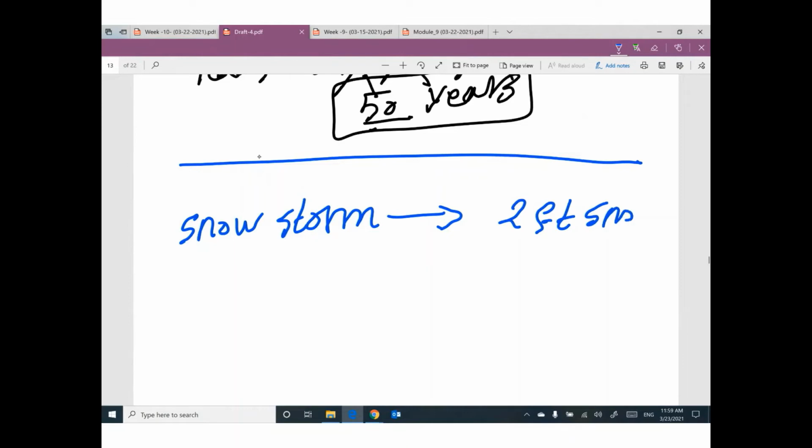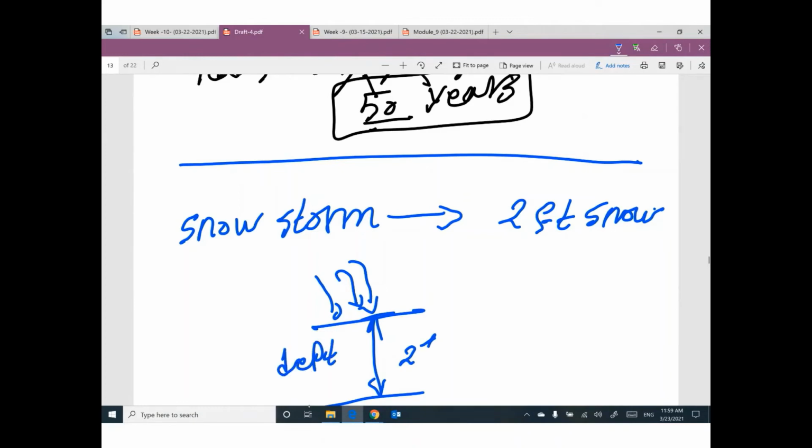So what does it mean? The snow will accumulate on the ground surface until reaching 2 feet depth or thickness. So we can express how much snow you expect by the depth of the snow layer.